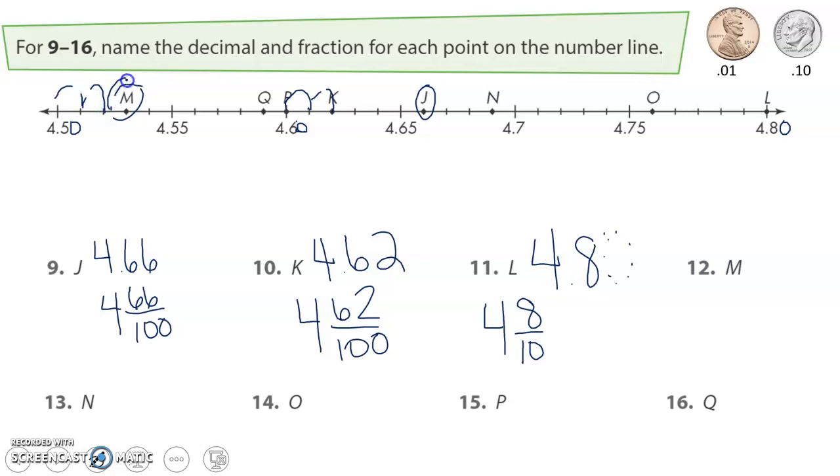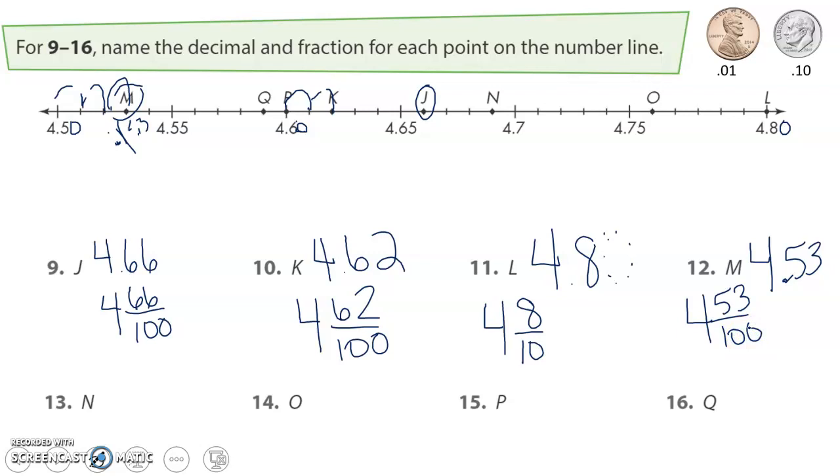Therefore, M is 4 53/100. And as a fraction, my whole number is 4. My fraction is 53 over 100.